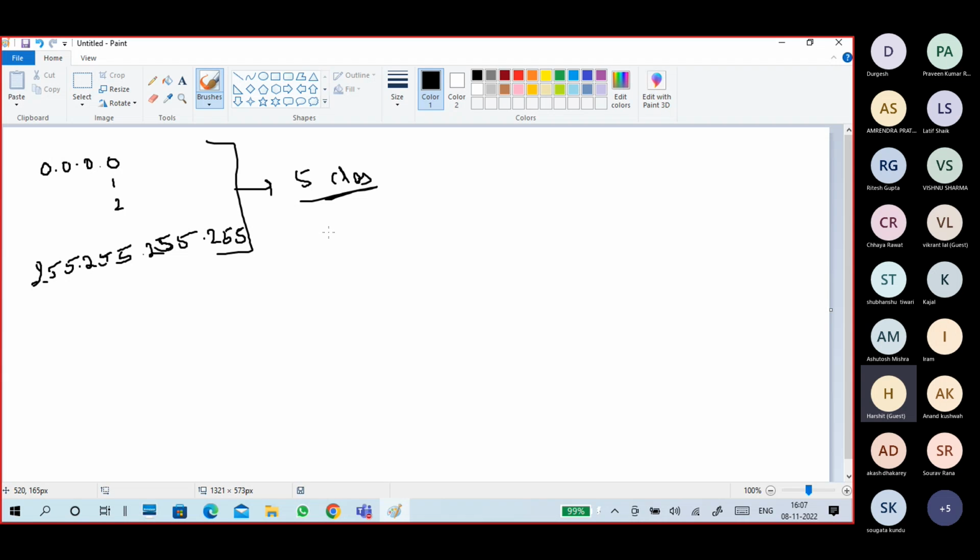Guys, if you want to give an IP address to each and every device, I can give IP addresses to only 4.3 billion devices. Billion means 100 crores.